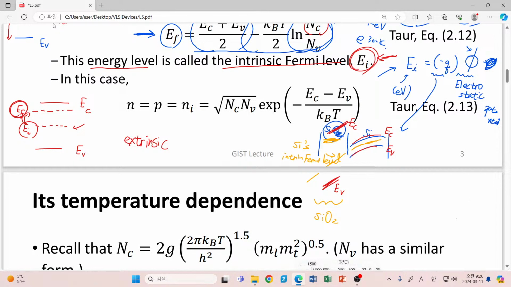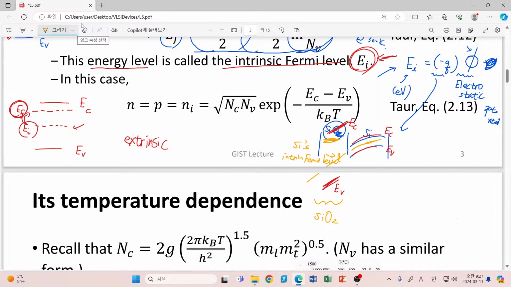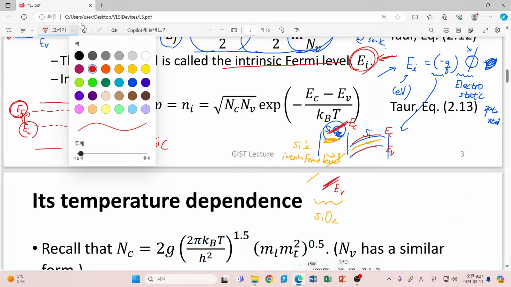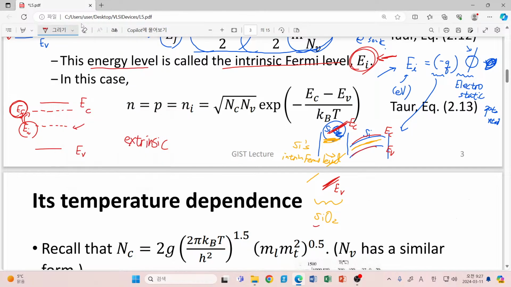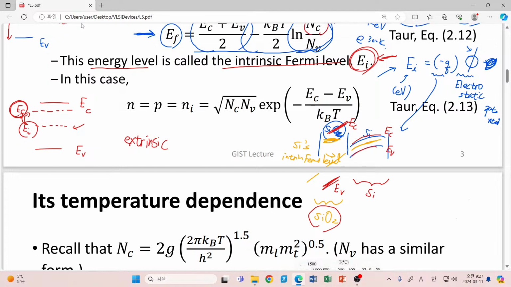But anyway, the natural question is why we are bothered with such a difficult notation. For example, why don't we just consider the intrinsic Fermi level of silicon dioxide itself, and here we have silicon? Why don't we just adopt a material-wise description?